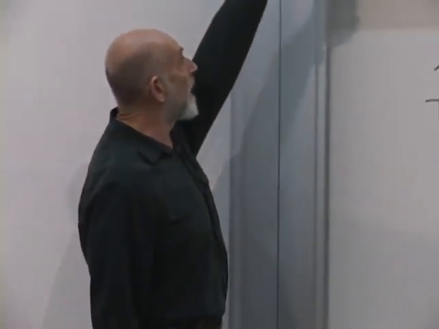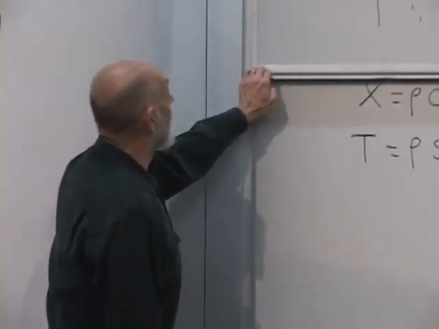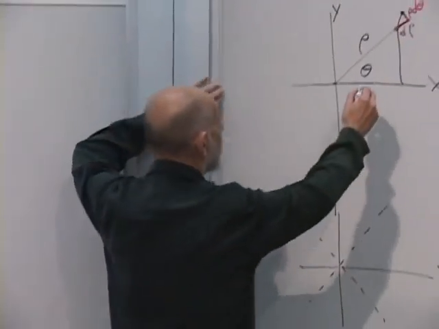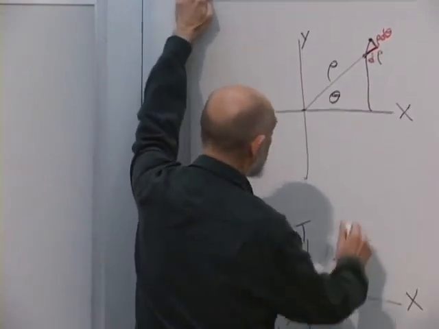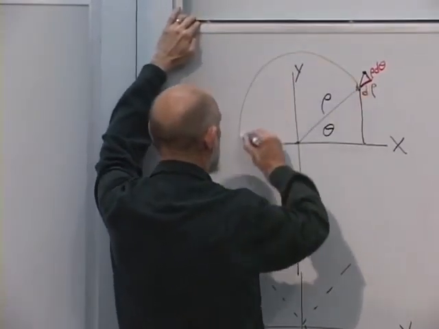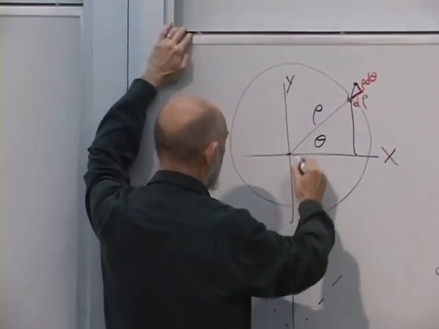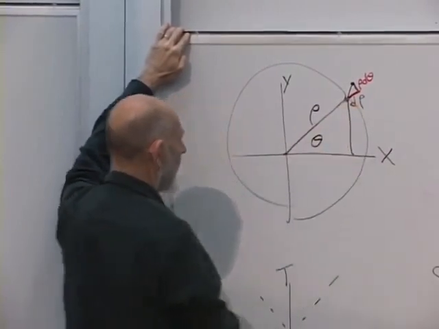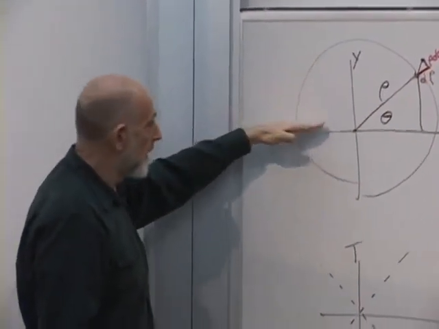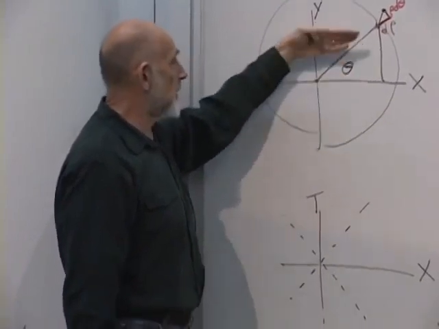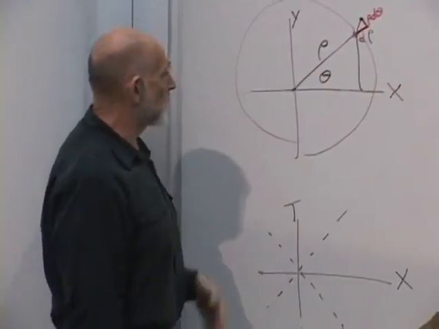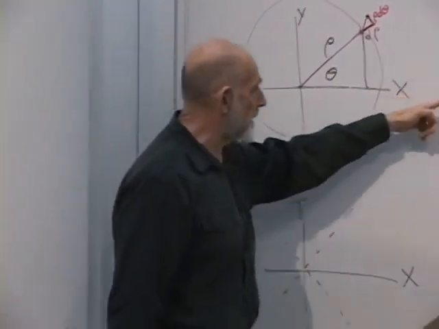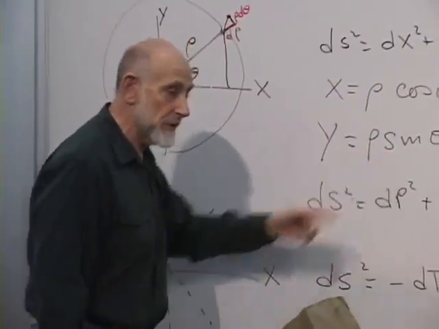From the diagram up above, we can think of this by first drawing a unit circle, draw the angle theta, and then x is given in terms of cosine. For a unit circle, it's just x is equal to cosine, y is equal to sine.